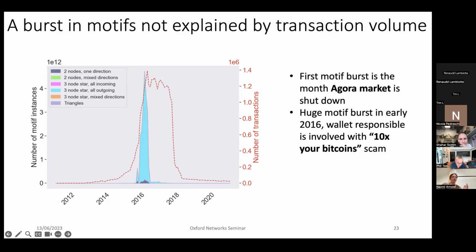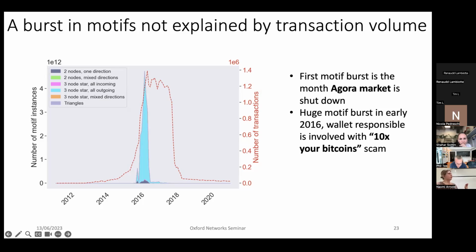But this really huge motif spike is in early 2016, and I think most of that is associated with that supernode wallet. We're still trying to pin this down, but I think there was a compromising event in February 2016 involving phishing attacks on Alphabet, though I'm not certain whether it is that.